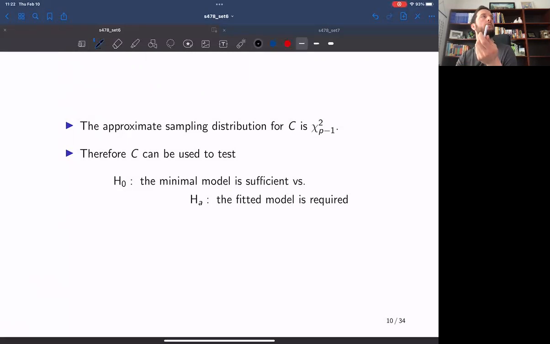Chi-square on P minus 1 degrees of freedom, where P represents the number of parameters of the fitted model. And that would be consistent with the definition of P that we had for the deviance as well.